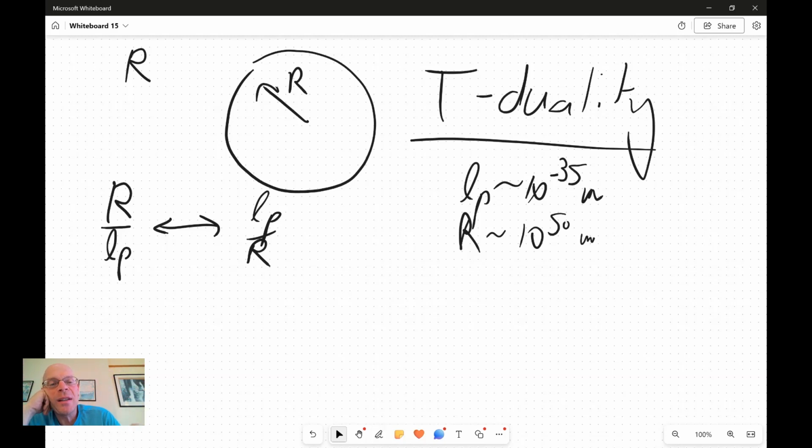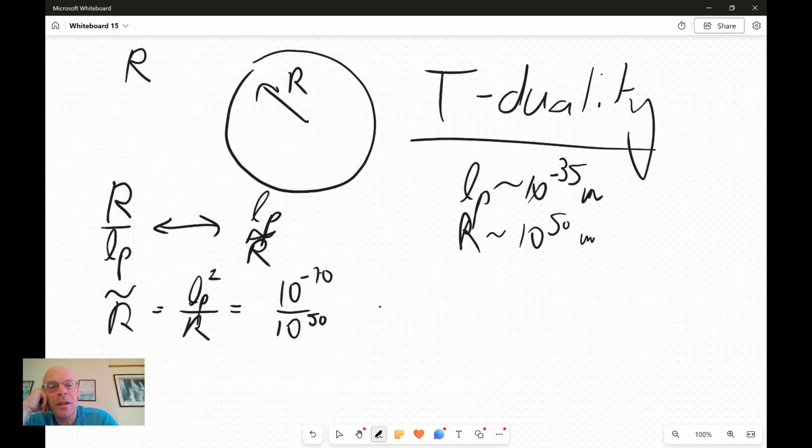Then we can describe the physics in this universe in terms of a dual universe, where, let's say, R tilde is L Planck squared divided by R, namely, what do we have here? 10 to the minus 70 meters divided by 10 to the 50 meters. So this is 10 to the minus 120 meters. So that's amazing.